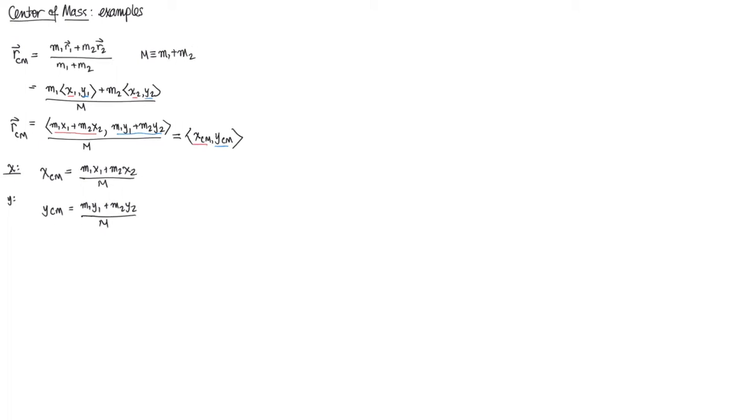Okay, so let's do a couple of example problems here. I'll shrink that to give myself a little extra space. And here we will say, let's start with a 1D problem. Let's say we have the following setup.